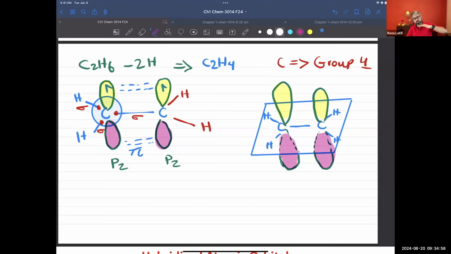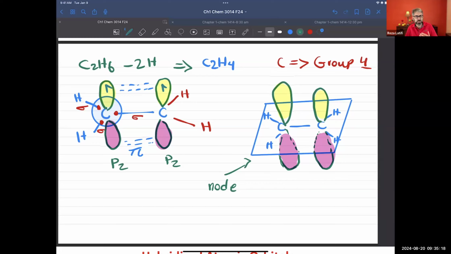So the plane includes the molecule, but is chopping the p orbitals. And we call that plane a node plane. That means it's changing the phase of the orbital.